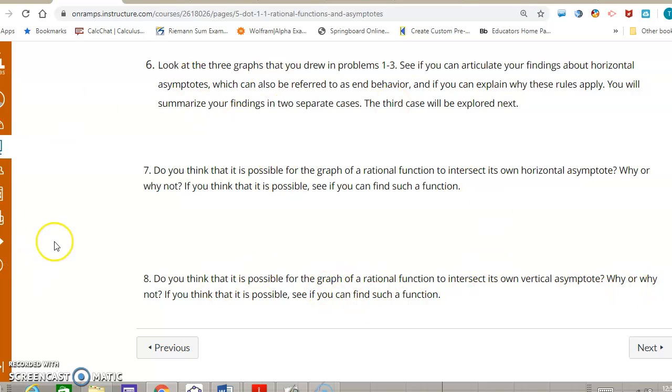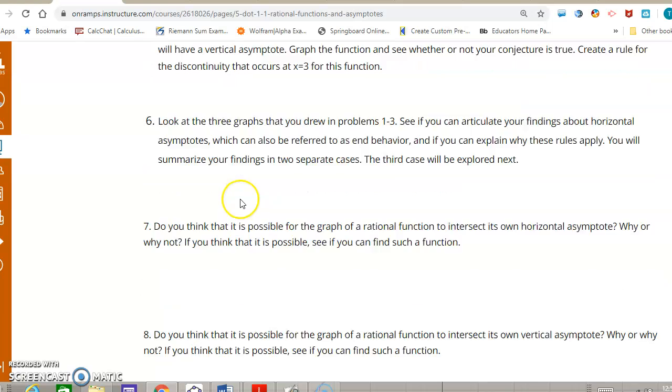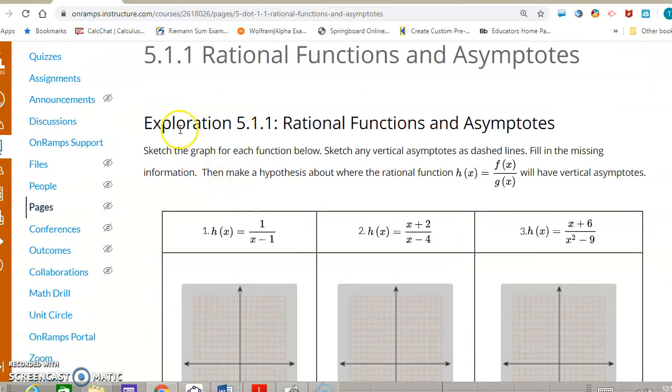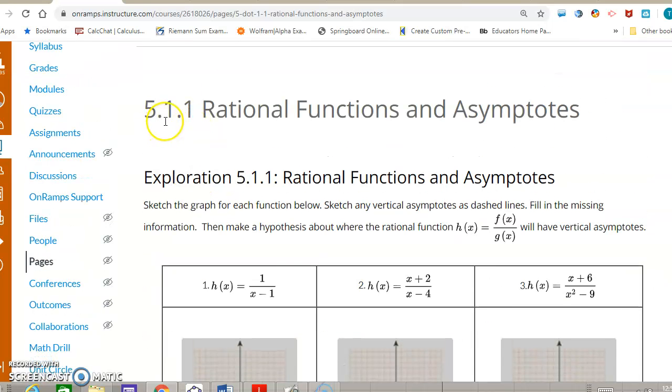So these are questions that you're going to need to answer, and you can put that information on a sheet of paper, number them, and entitle your lesson 5.1.1 Rational Functions. Make sure you have your name and period at the top, and I can grade that for you. Then we can move on to our homework.